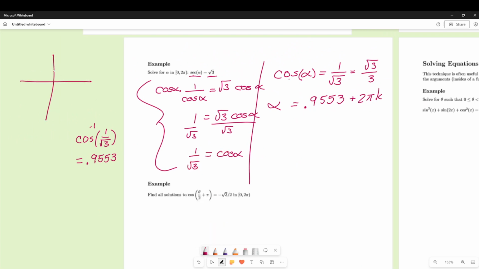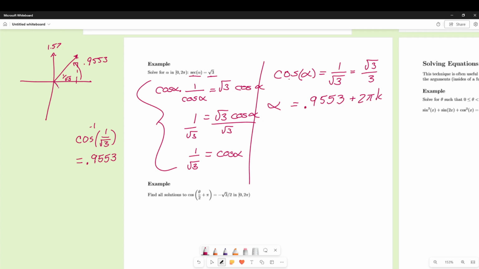So that's about 1 radian, so 1 radian's about up there. 0.9553 radians. Remember, pi over 2 is here, so that's 1.57, so 0.9 radians is about there. And the cosine of that 0.9 radians is apparently 1 over the square root of 3.